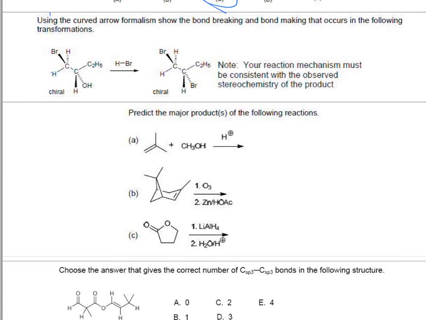You're given an alcohol, which is a chiral alcohol, and you're supposed to treat it with HBr. And notice what you're getting. What you're getting is a pretty similar looking molecule. The only difference is that the OH has now been replaced by Br. And the question is asking you that your reaction mechanism must be consistent with the observed stereochemistry.